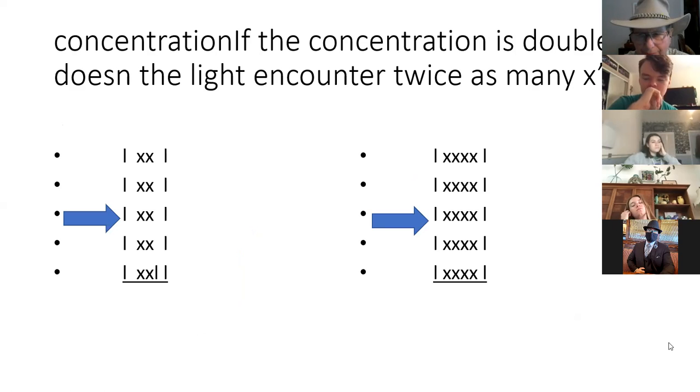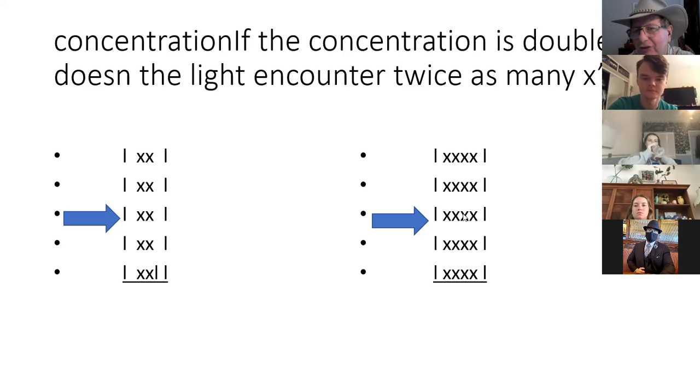Say you're at a concert, and you have to get to the front stage. Is it harder for you to get through if it's some rockin' band that's got everybody packed before you, or is it just some local band? Is it going to be easier to get to the front stage? It's going to be harder to get to the front stage.